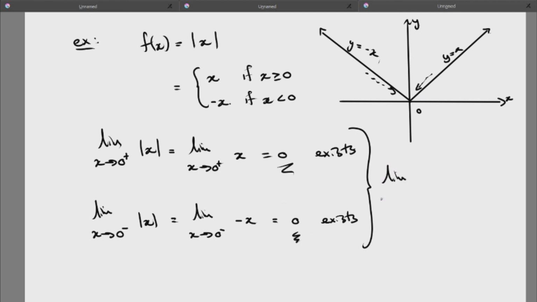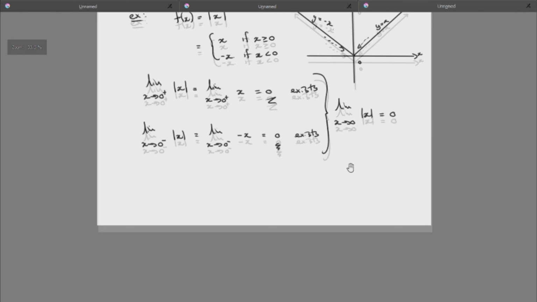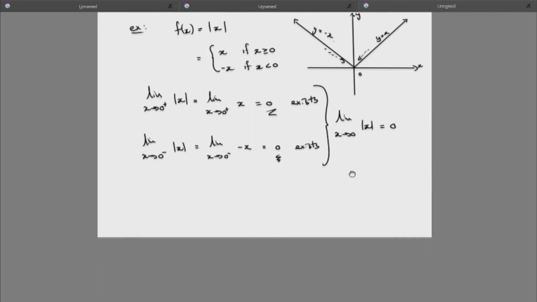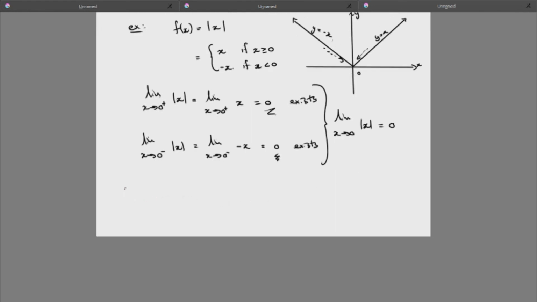And I can say the limit as x approaches 0 of the original function, allowing both sides, is also 0. And what this tells me is the following. It's going to be a little wordy, perhaps.